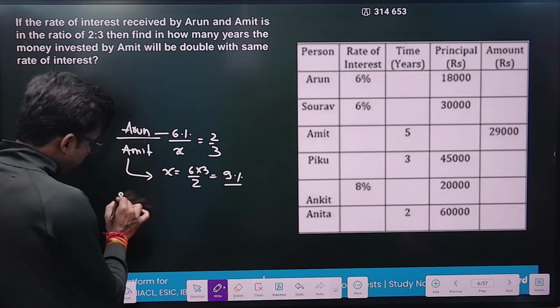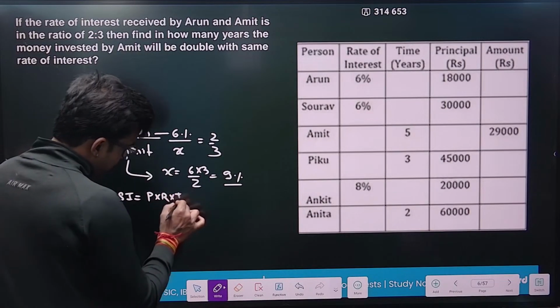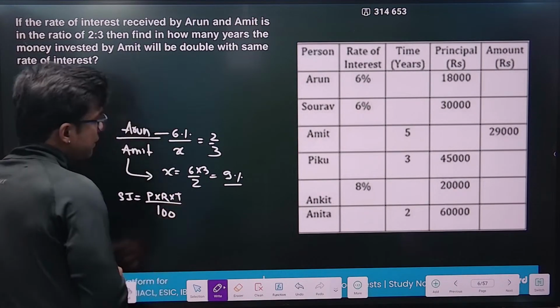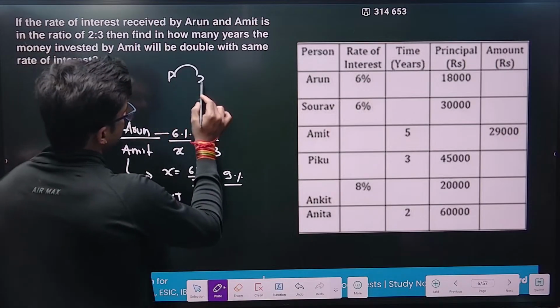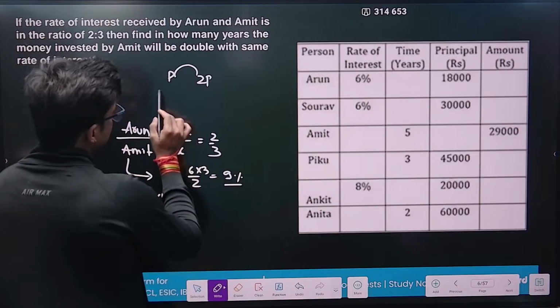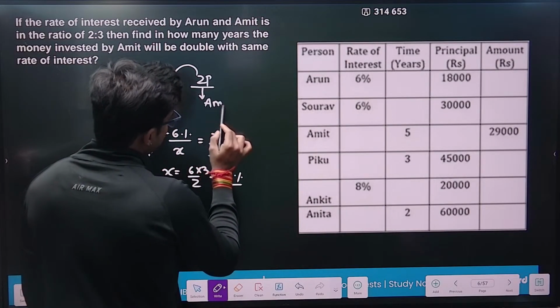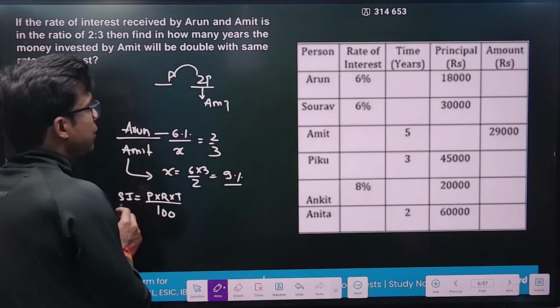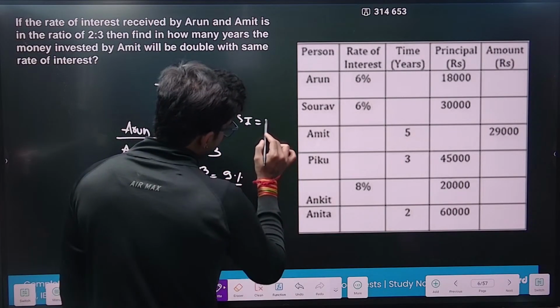So, what we know: SI equals P into R into T by 100, okay? Now, they are saying that money will double, means your P will become 2P. Then only money will be doubled, and this is the amount. If the amount is becoming 2P, what is the SI? Then you would say that SI would be P. Why?